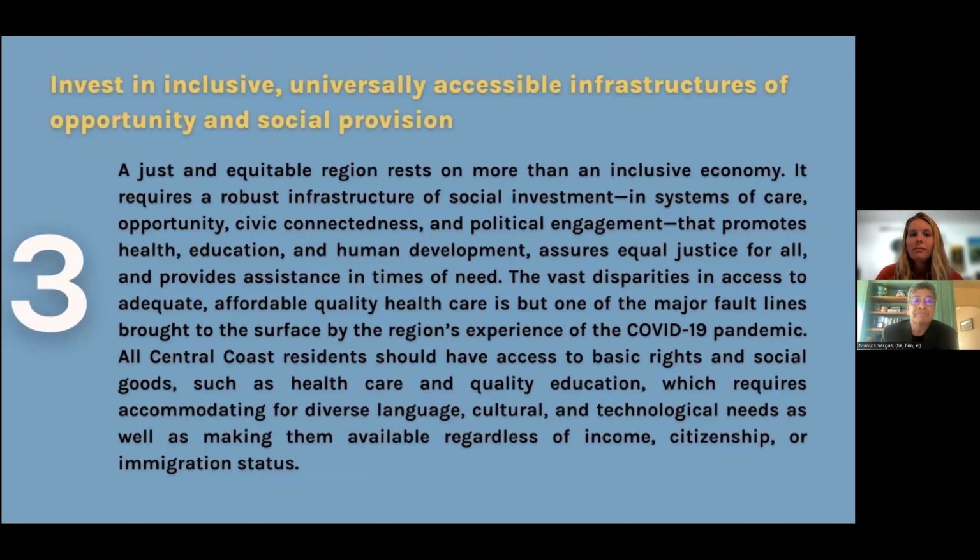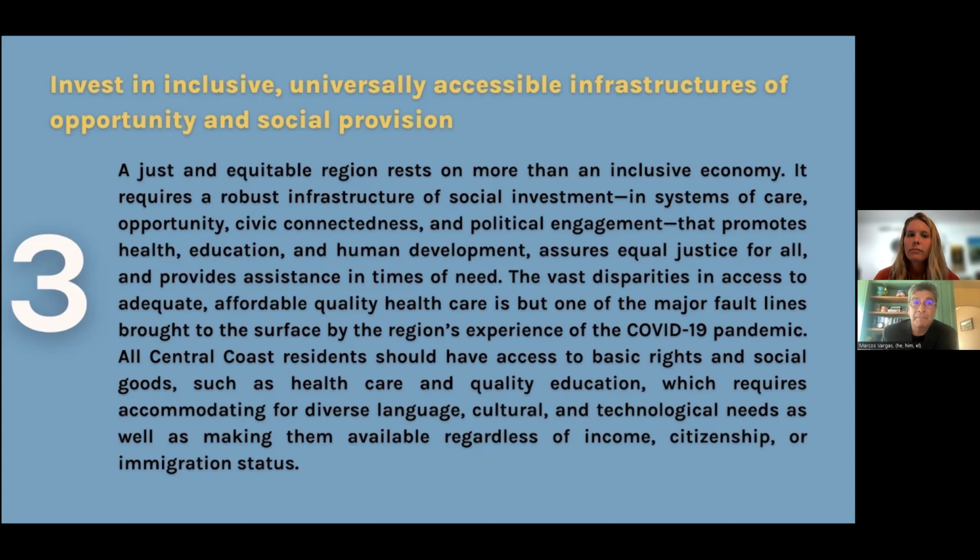Number three, invest in inclusive, universally accessible infrastructures of opportunity and social provision. It's a mouthful, but the basis of this principle is that on the Central Coast, we all have the right to such social goods as affordable housing, affordable health care, and quality education, and that they all must be made accessible to all people, regardless of income, ability, language, citizenship, or immigration status.